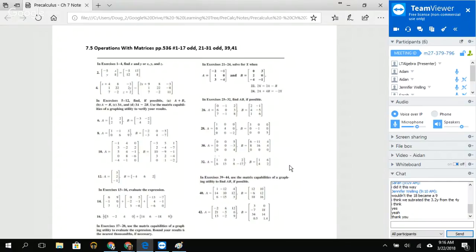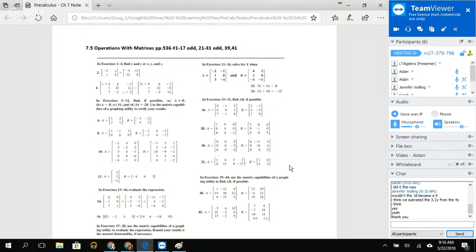When I say operations with matrices, I mean, can we add two matrices together? Can we subtract them? Can we multiply them by a scalar? Can we multiply two matrices together? And the answer to all that is yes, you can do all that. But when you do that, you have to be really careful about the order of the matrix.